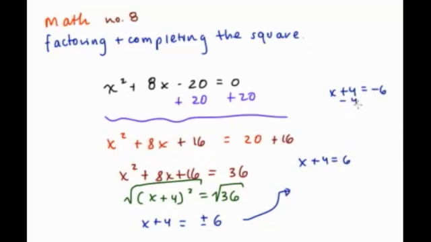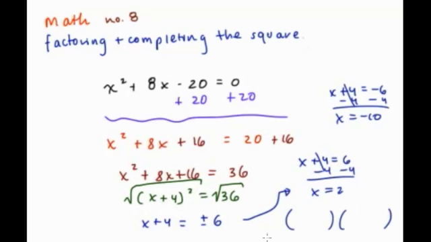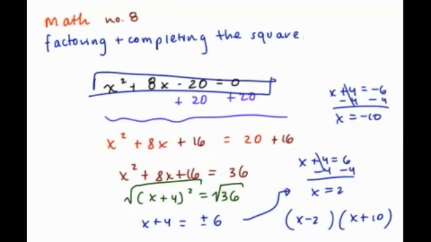And just solve. So for this one, x is going to be negative 10. And for this one, x is going to be 2. So what are our factors? It's going to be x minus 2 and x plus 10. Cool, and if you FOIL this, it's going to come up with this.